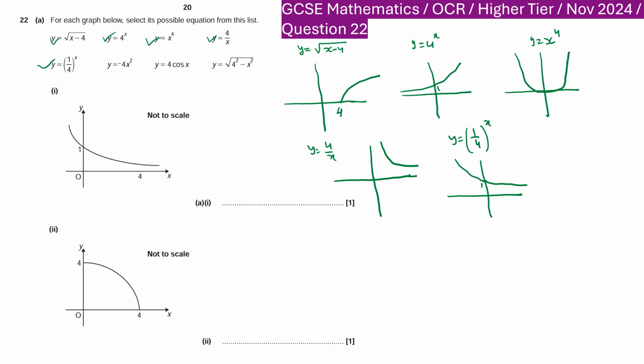Then y equals minus 4x square. So y equals minus 4x square is an inverted graph. So this is y equals minus 4x square, and then y equals 4 cos x. So the cosine graph with, of course, x is 0, y is 4.